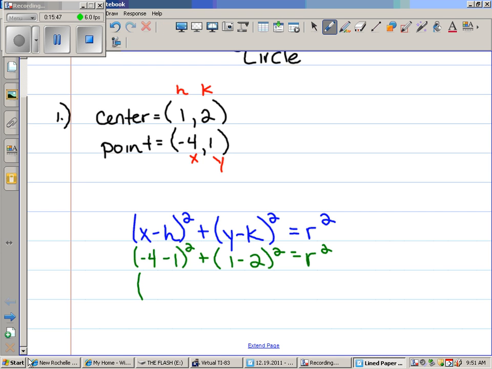Negative 4 minus 1 is how much? Good. You know what the most common mistake is? Very nice. 1 minus 2 is negative 1, squared.